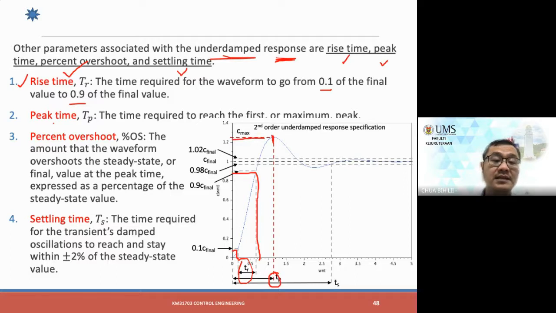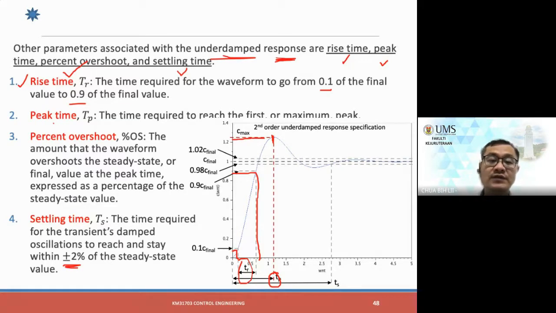Then the settling time refers to the time required for the transient to be damped out and reach the steady state, since they will still continue to oscillate, even in very minute changes or variance. Therefore normally in control we set plus or minus 2% of the steady state value.